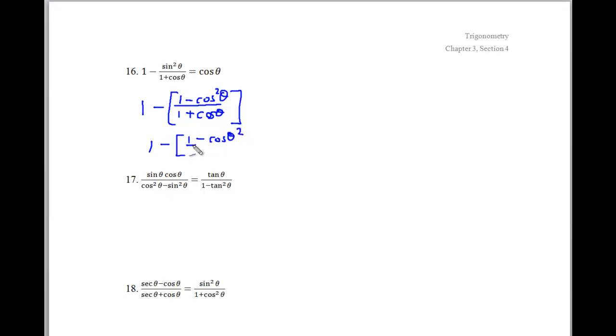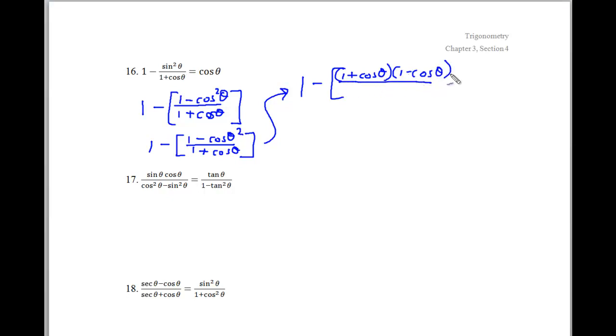Now what I have here is a difference of squares, which isn't really that apparent, but if you call this 1 minus x squared, then you could factor that into 1 plus x and 1 minus x. So what this means is that I can write the problem as 1 minus cosine theta and 1 plus cosine theta, all over 1 plus cosine theta.